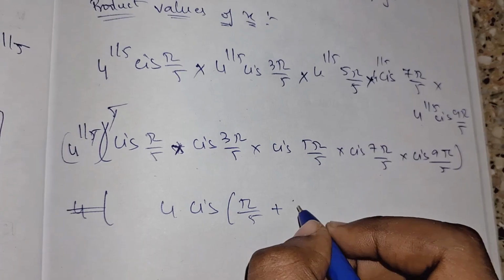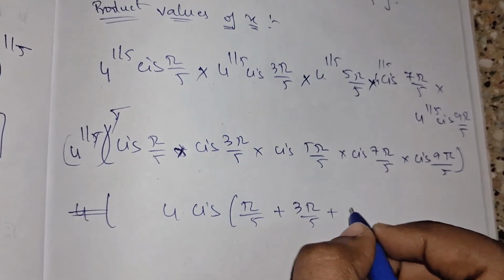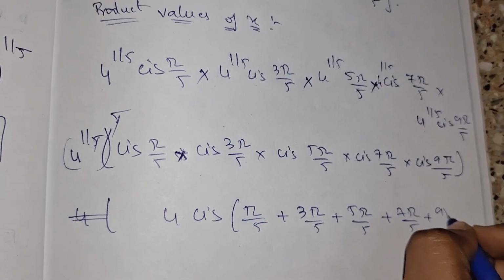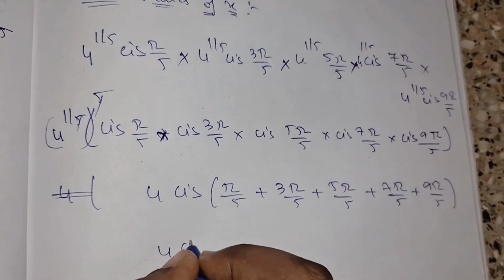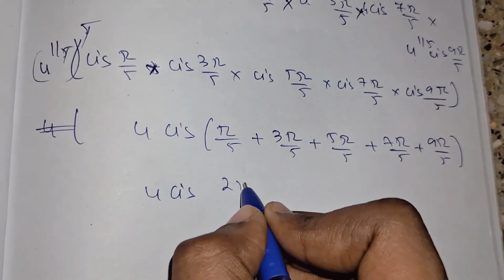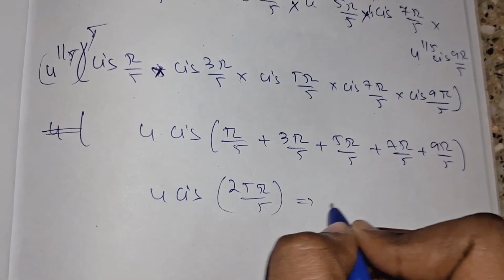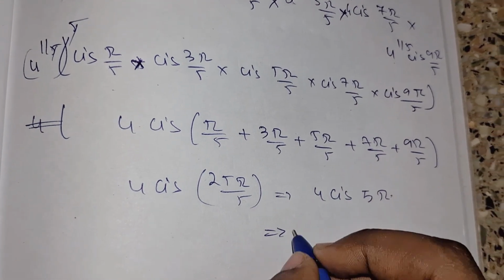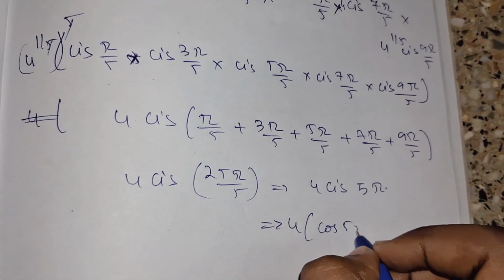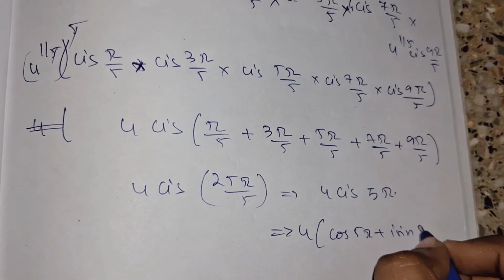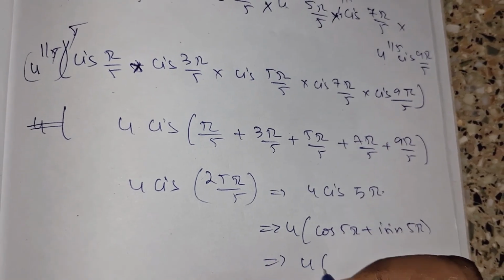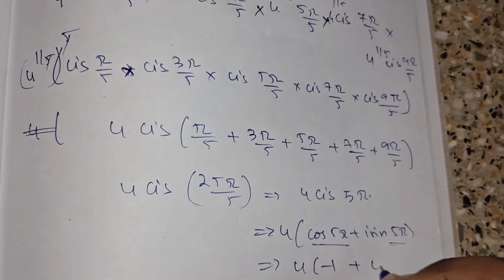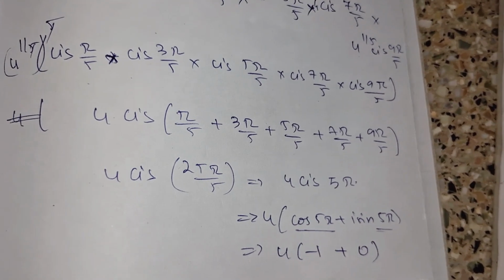So pi by 5 plus 3 pi by 5 plus 5 pi by 5 plus 7 pi by 5 plus 9 pi by 5, which will be equal to 4 cis of, if I add all this, 25 pi by 5, which will be equal to 4 cis 5 pi. Cis 5 pi is nothing but cos 5 pi plus i sin 5 pi, which will be equal to 4 into cos 5 pi is minus 1 plus 0, so minus 4 will be the answer.